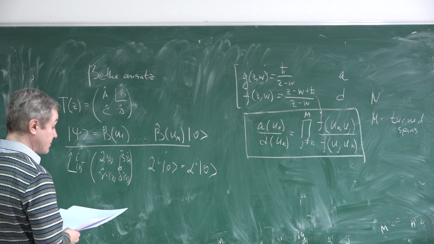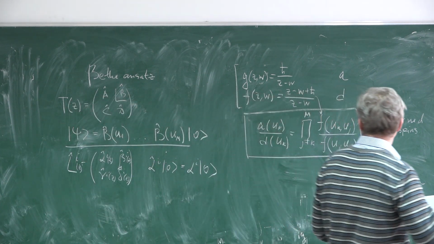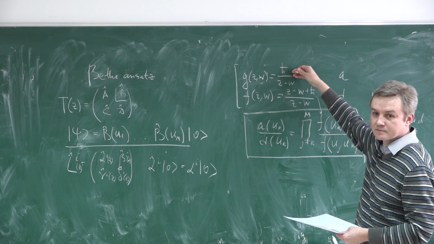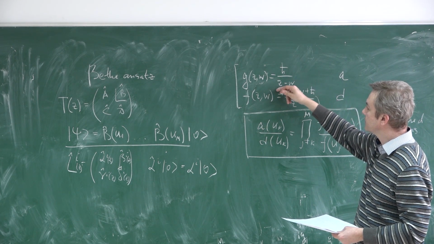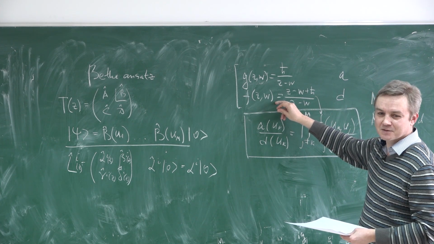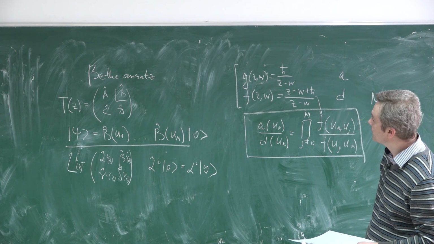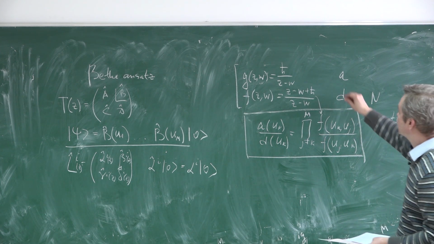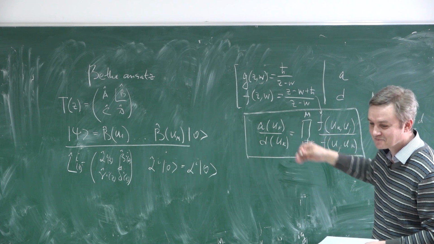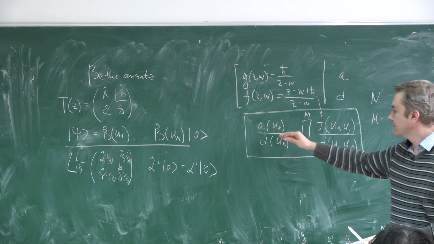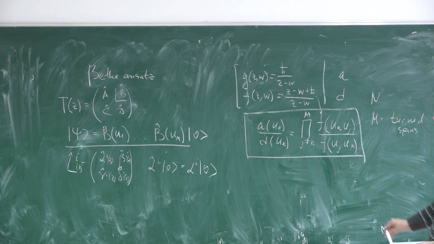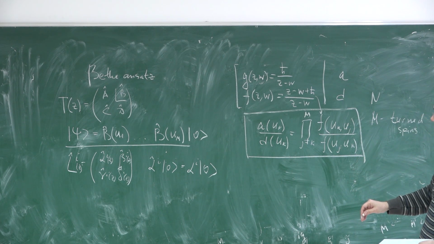Maybe I didn't express myself clear. Is this formula, A of u_k divided by D of u_k, supposed to be equal to g divided by f?